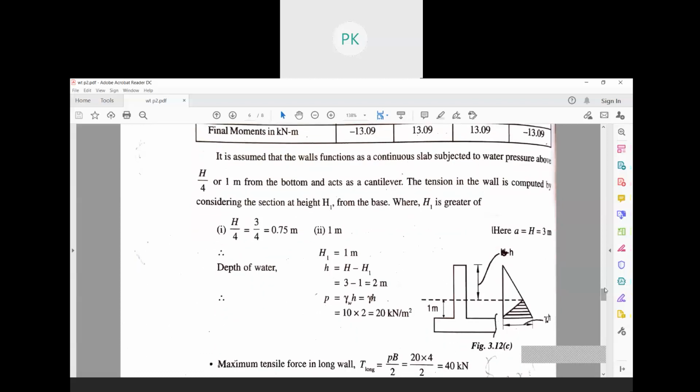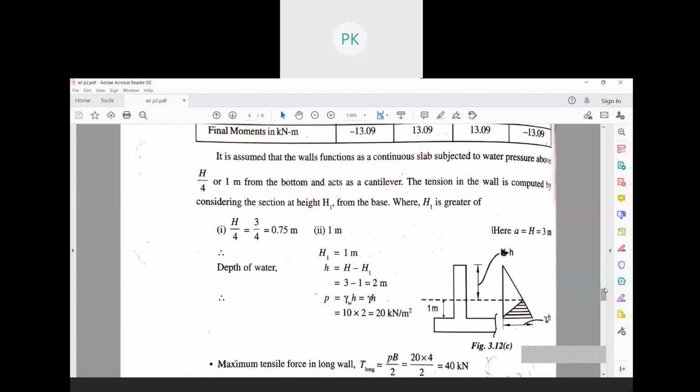So h by 4, if we substitute, h value is 3 divided by 4, I will get 0.75 meter, and similarly h1 if I consider it as 1 meter, so whichever is greater we can take. So h1 is equal to, we shall consider it as 1 meter.